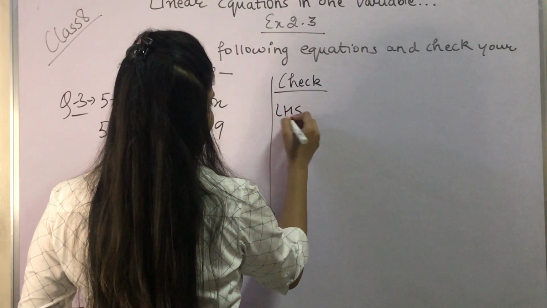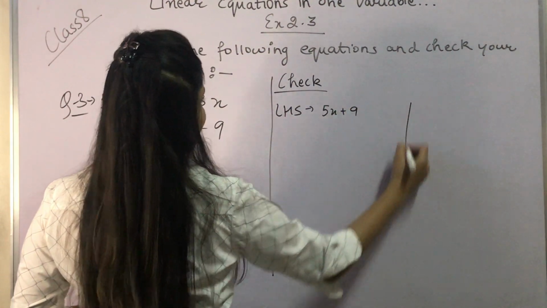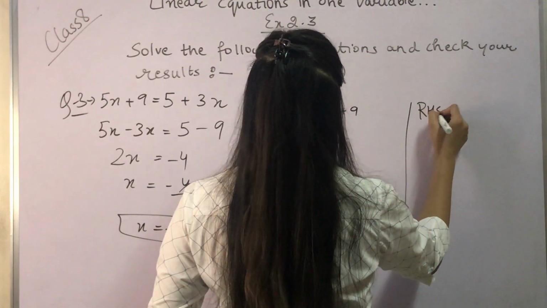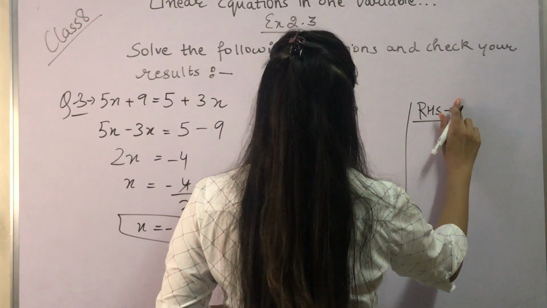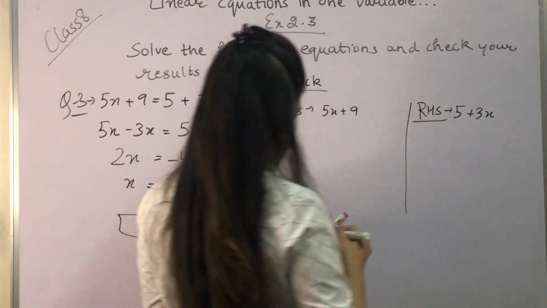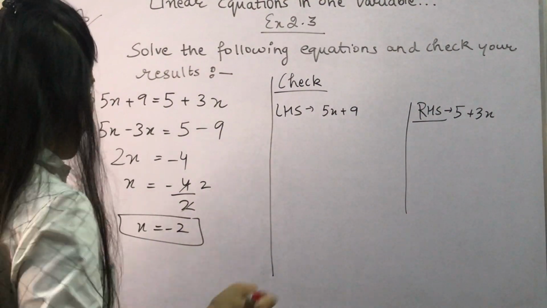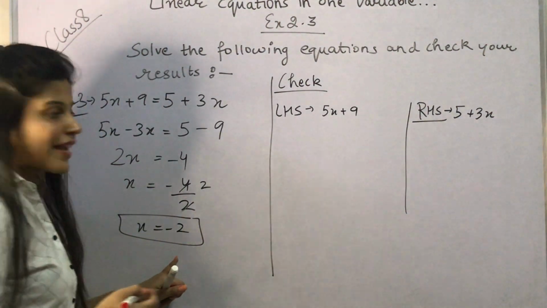So for that we will write LHS, which is 5x plus 9, and RHS, which is 5 plus 3x. Now we have to put the value of x, which is minus 2.